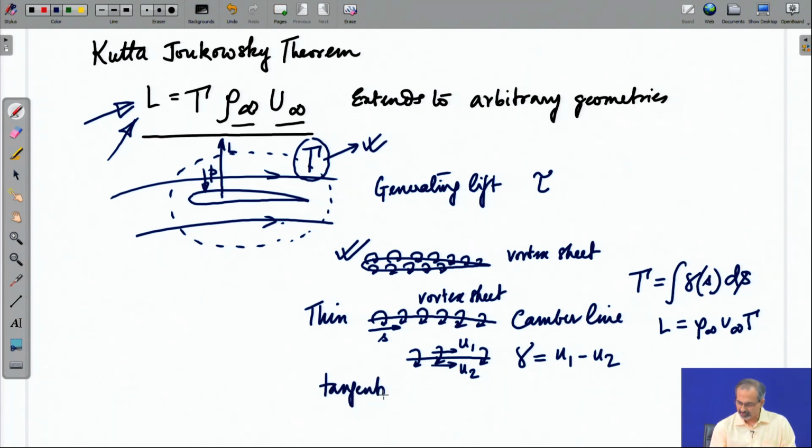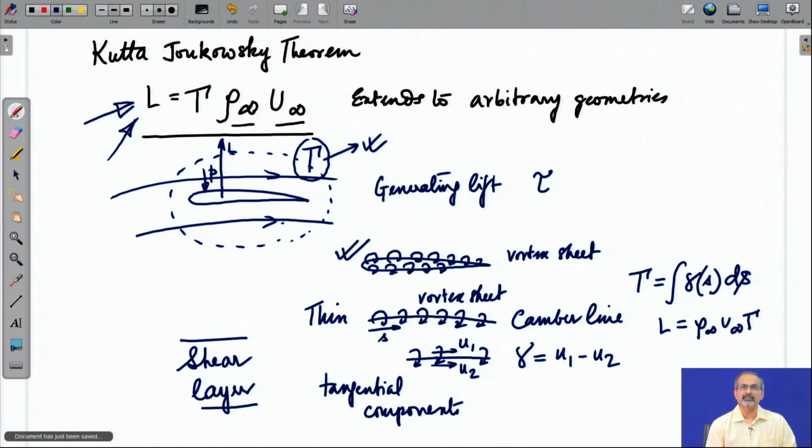The tangential components are indicated by u1 and u2 above and below the vortex sheet. So, there is a jump in tangential velocity across the vortex sheet. You could also consider it to be a layer which brings in shear in the flow.